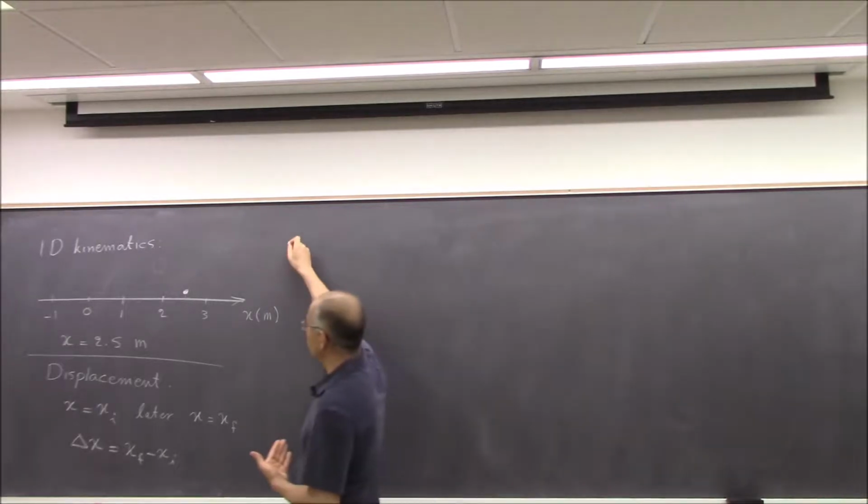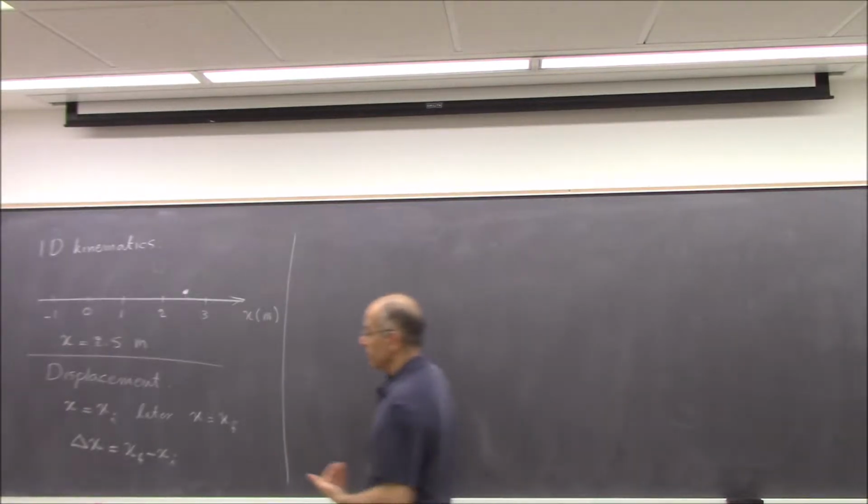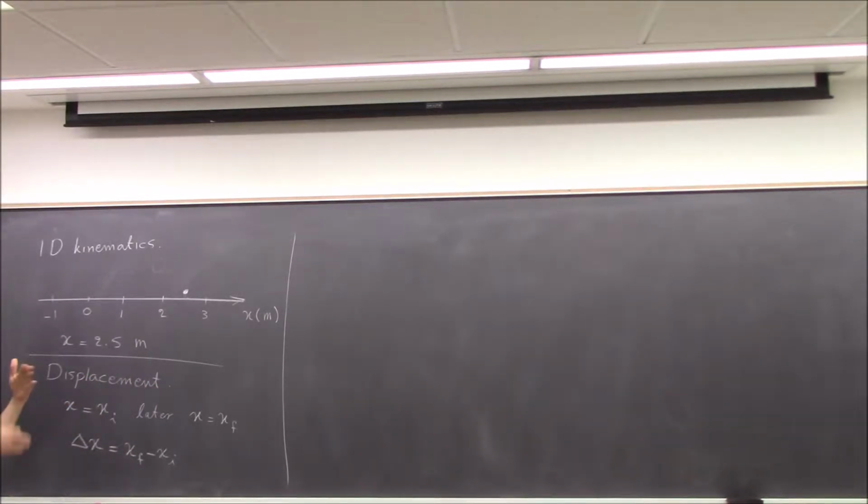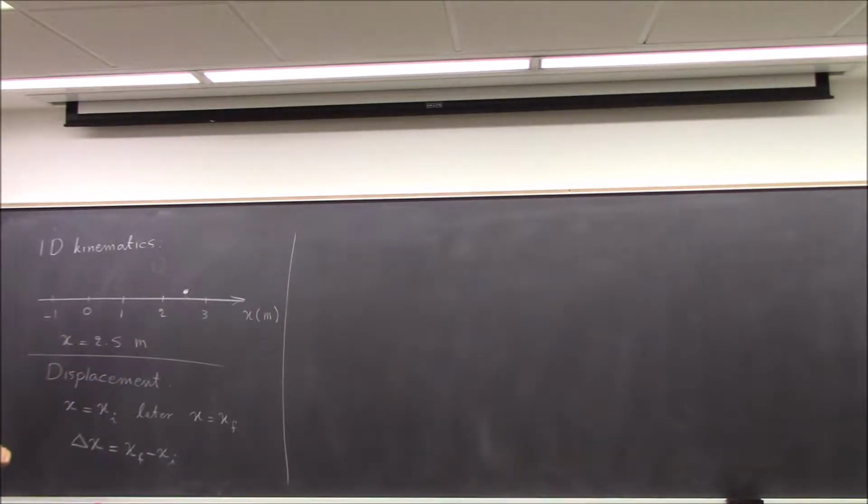Displacement can be positive or negative. It depends on whether x final is to the right of x initial or to the left. If the object is going to the right, the displacement is positive. If going to the left, the displacement is negative.